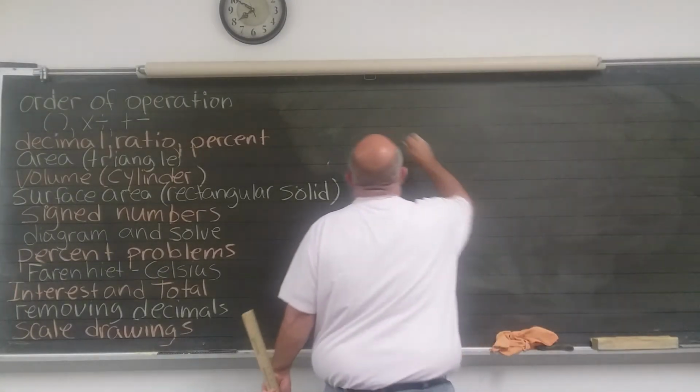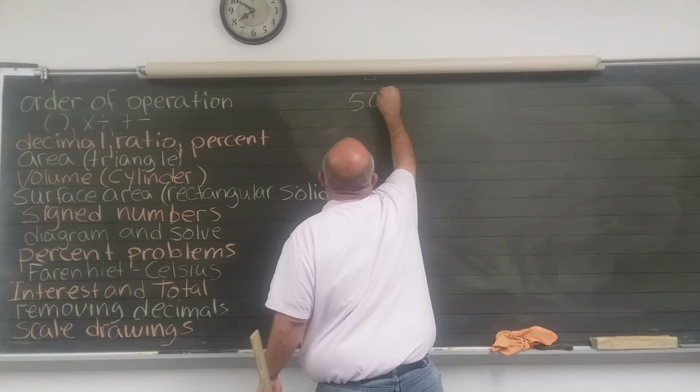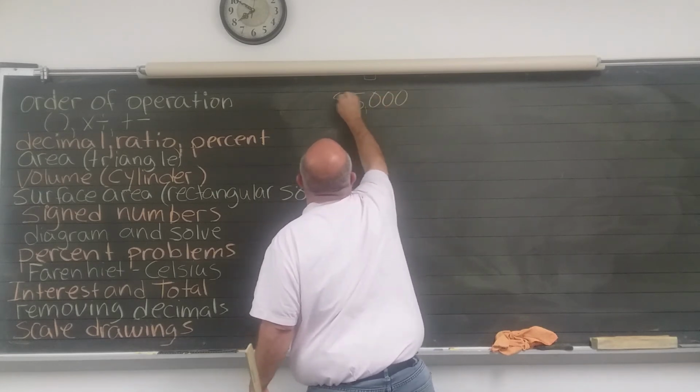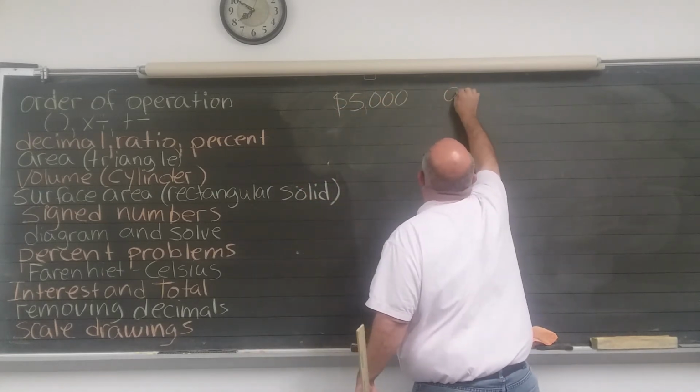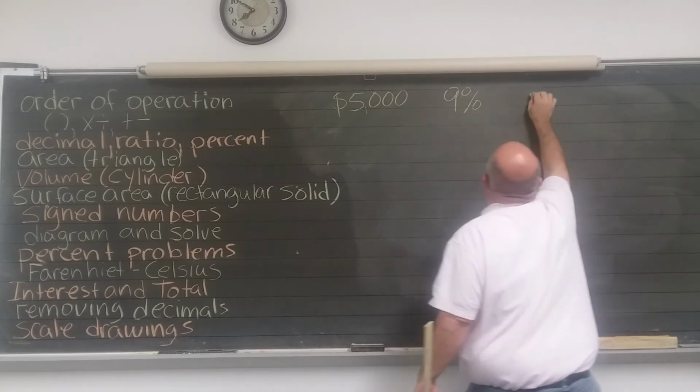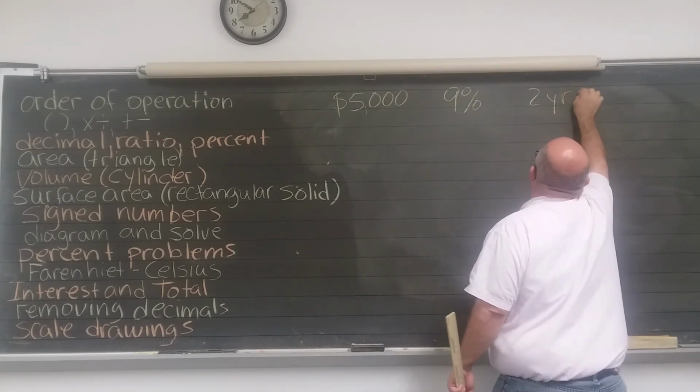You're borrowing $5,000. This is interest. So you're borrowing $5,000 at 9% for 2 years.